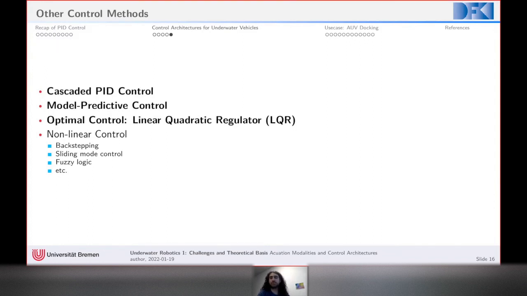This is also a topic where I want to keep some of the material for other events in REMARO. I was thinking of doing a talk about it for this workshop, but I decided not to because of time constraints. But there is a student doing his master's thesis with me at the moment on using reinforcement learning to do docking with an underactuated underwater vehicle. The goal is to see how these compare to the classical control methods that we were just discussing now.